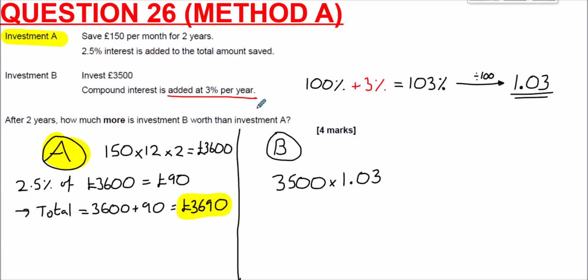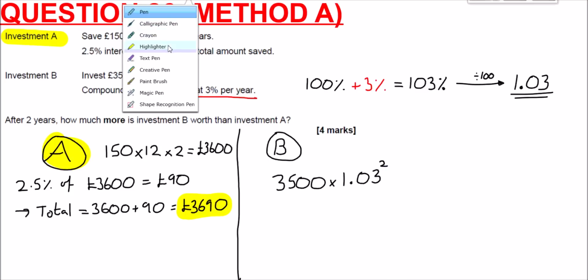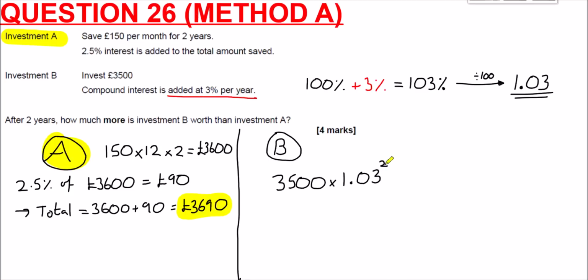But because we're going to invest it for 2 years, it says after 2 years, we multiply by 1.03 twice. And so we could do multiply by 1.03, multiply by 1.03, but the quicker way is to multiply by 1.03 squared. And that squared comes from the fact that we're talking about 2 years.